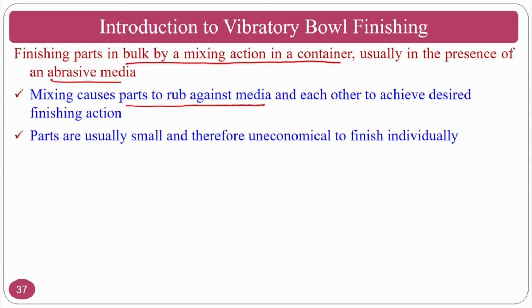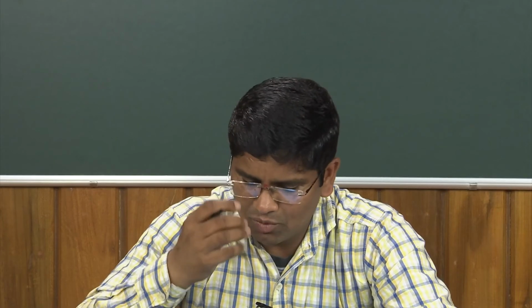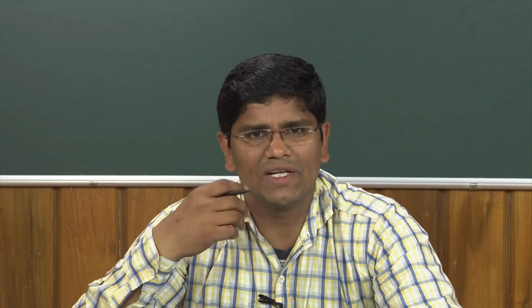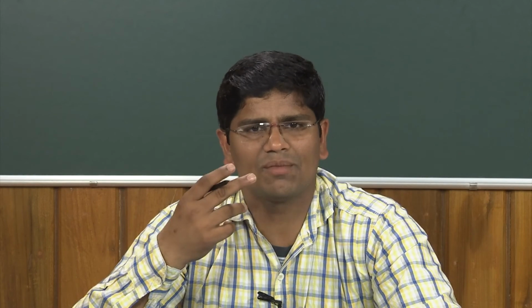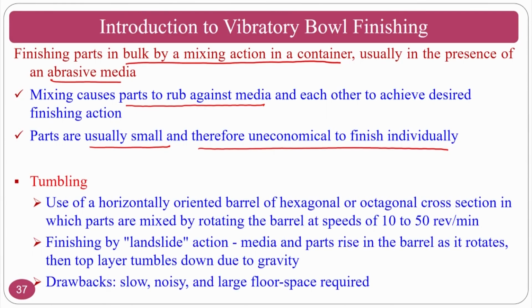That means abrasive particles rub against the components and do the finishing operation. Parts are usually very small, therefore uneconomical to finish individually, as the production cost of the component goes very high. In those circumstances, you can go for vibratory ball finishing.